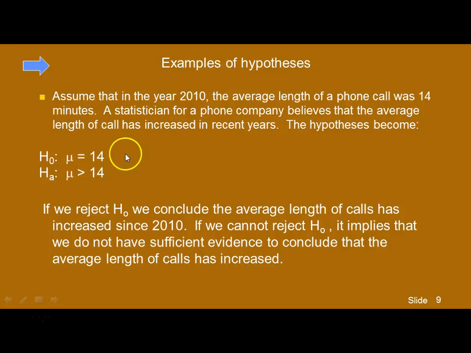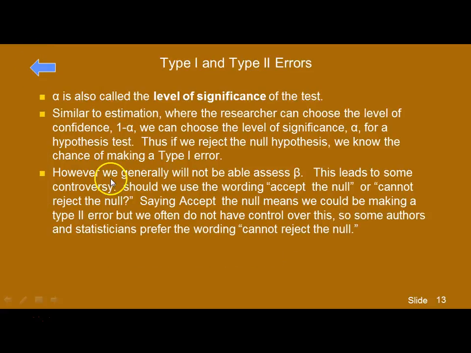The only way we could calculate type 2 error, the probability of accepting this null when in fact this is correct, would be if we knew the actual value of the mean, which we don't. So that's what I mean when I say we generally will not be able to assess beta. There are some advanced statistical procedures for dealing with that, but we will not be covering them in this module.